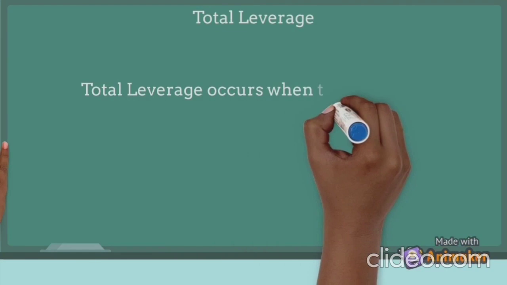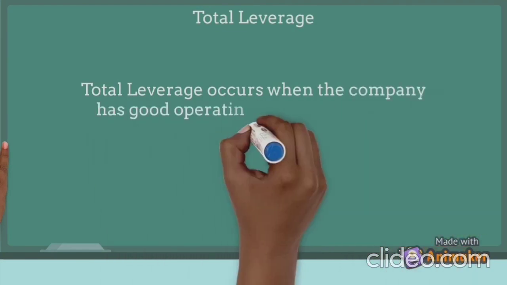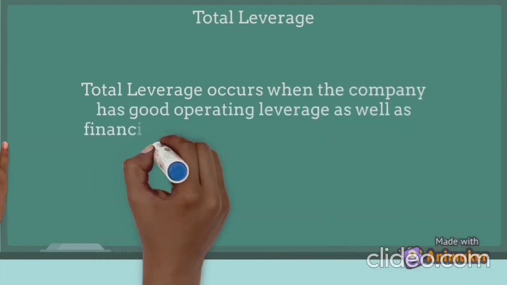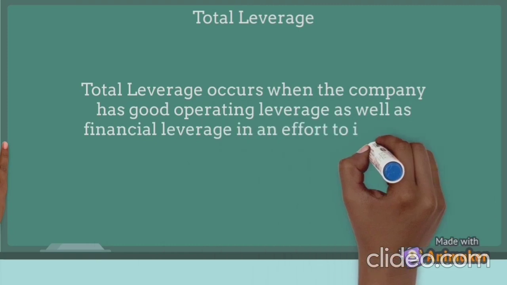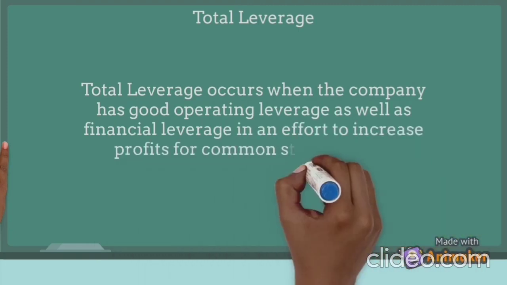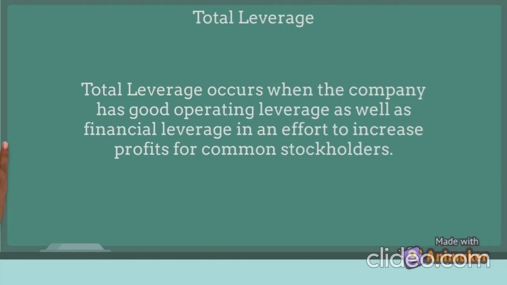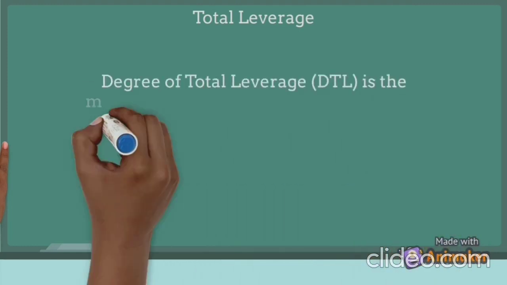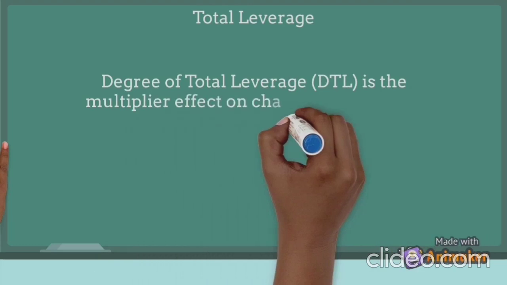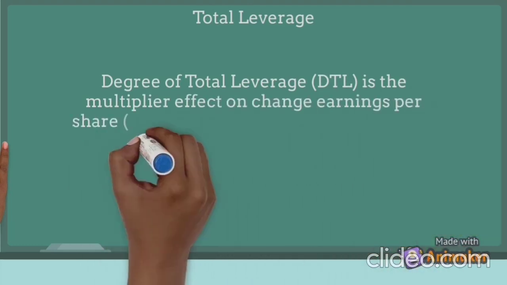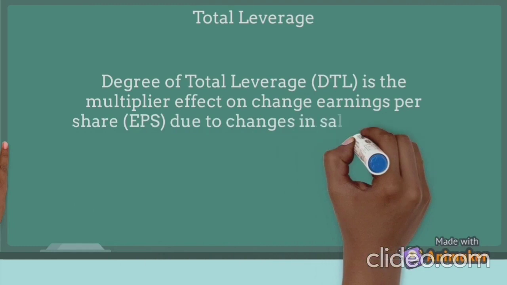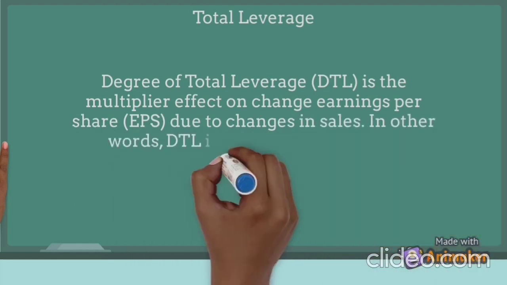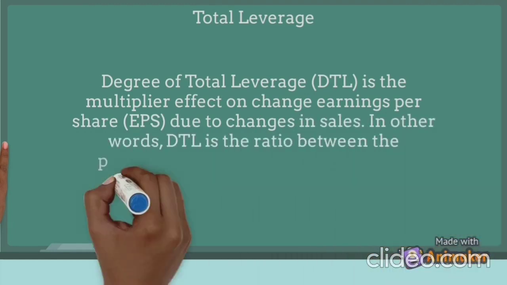Total leverage. Total leverage occurs when the company has both operating leverage as well as financial leverage in an effort to increase profits for common stockholders. Degree of total leverage, DTL, is the multiplier effect on change in earnings per share, or EPS, due to changes in sales.